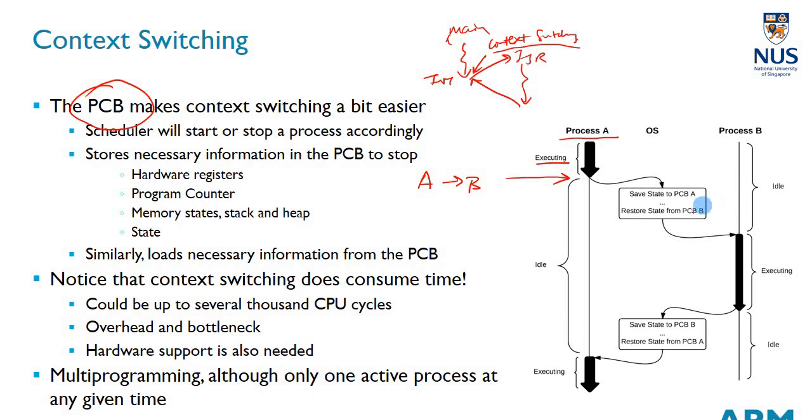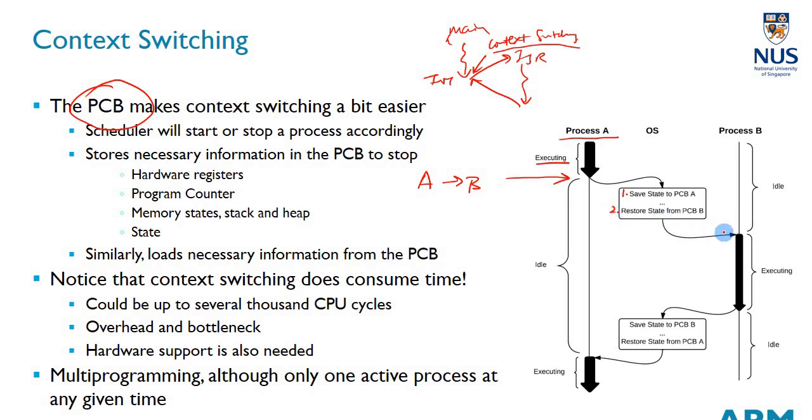So currently the OS was holding on to the process control block of task A and making sure that was updated. But now that I need to make a context switch, it will save. The first step is to save the state of process A onto its own memory space, and then load the process control block of B onto the OS space.